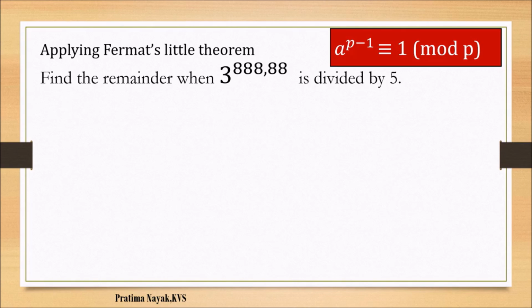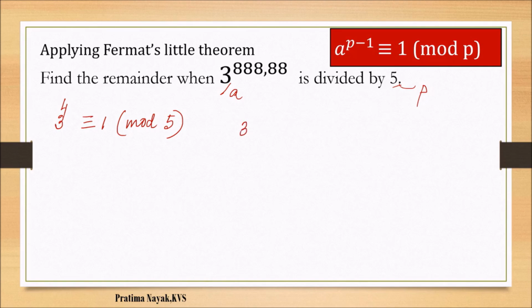Next, find the remainder when 3 raised to the power 88,888 is divided by 5. So 5 is P here and 3 is A. They are co-prime. So I can write 3 raised to the power 5 minus 1, that is 4, is congruent to 1 modulo 5.